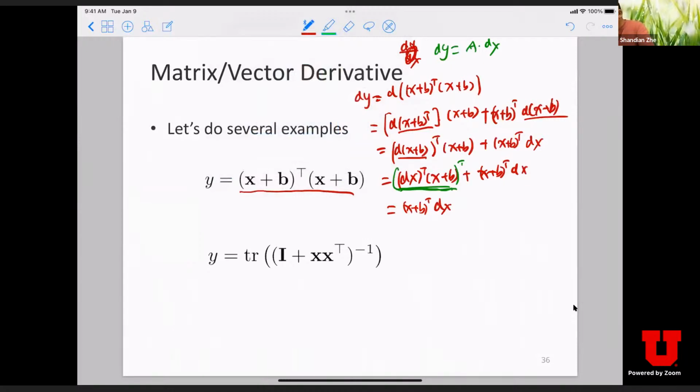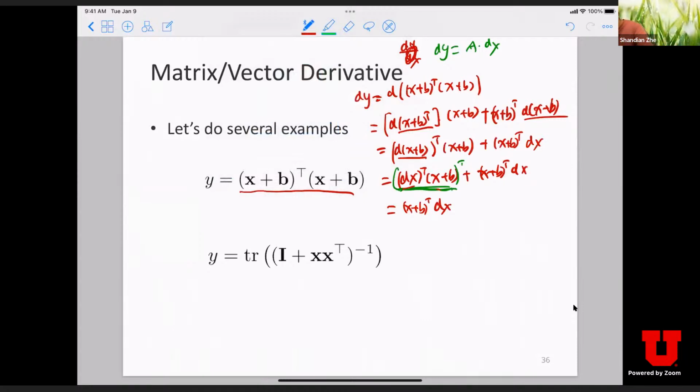And from another view, dx transpose times x plus b, you can visualize as the dot product or inner product between dx and x plus b. So it doesn't matter whether you first transpose x plus b and then multiply with dx, or you first transpose dx and multiply with x plus b. The dot product is the same.